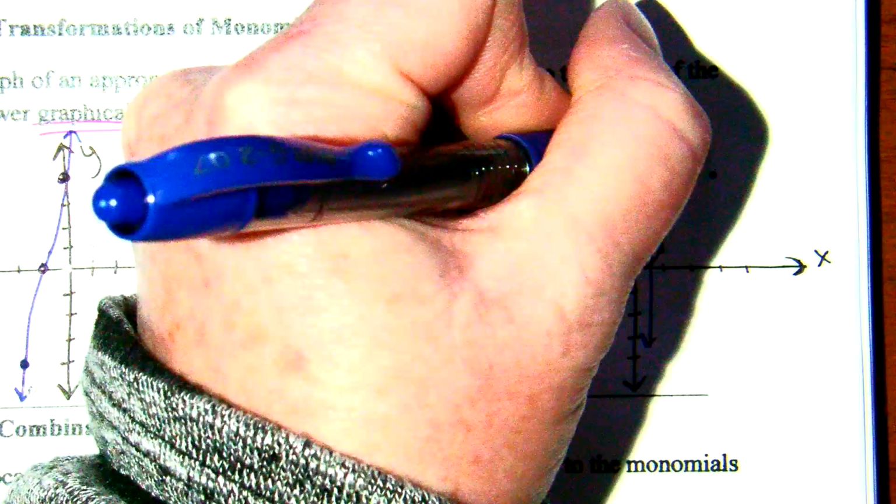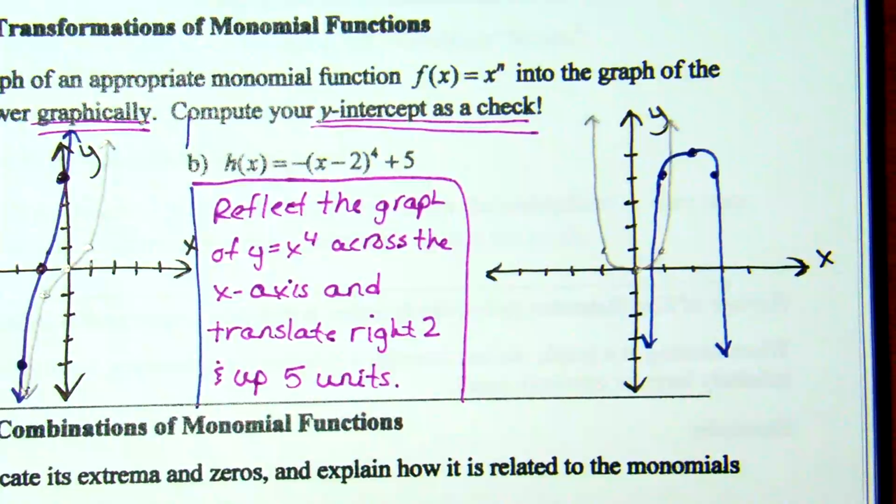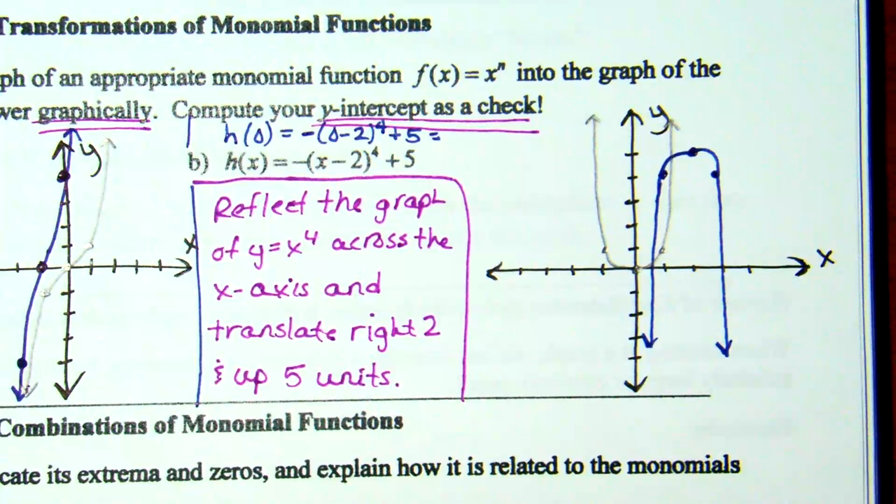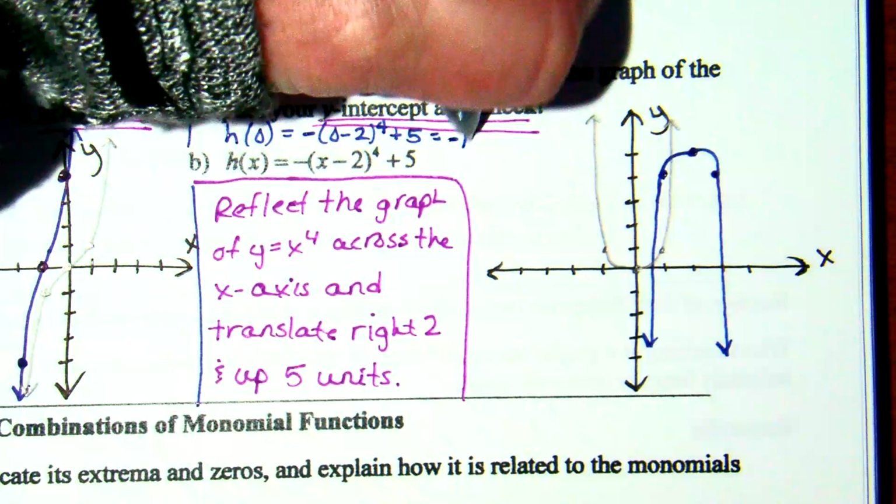Now, what am I supposed to check? The y-intercept. So let's put in 0, because this is a good one to look at. The negative of 0 minus 2 raised to the 4th plus 5. 0 minus 2, negative 2. Negative 2 to the 4th, positive 16. The opposite of that is negative 16 plus 5.